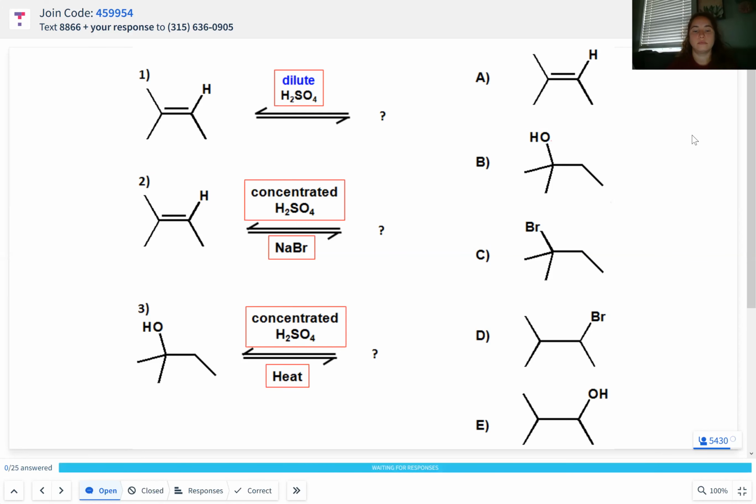The second reaction is not something we've necessarily done, but I think you can figure it out. Think about what sulfuric acid would do, and then think about what sodium bromide would do.